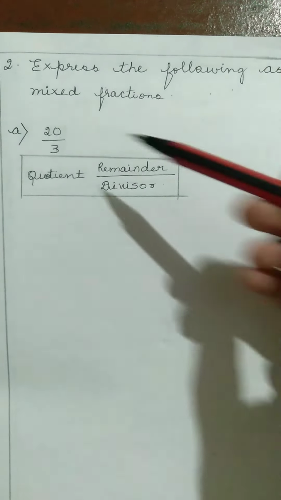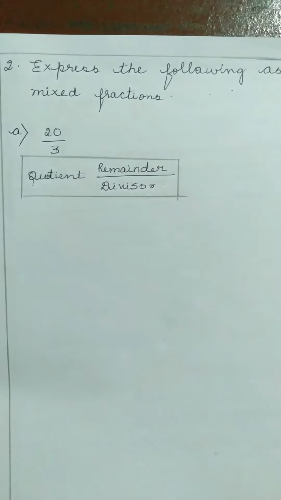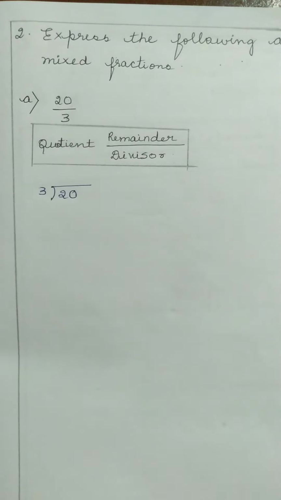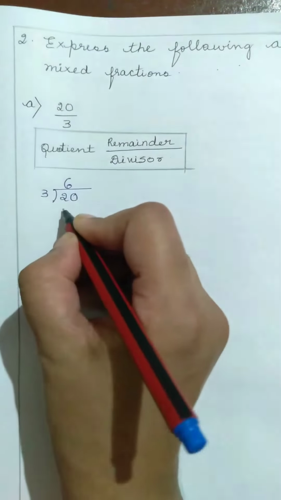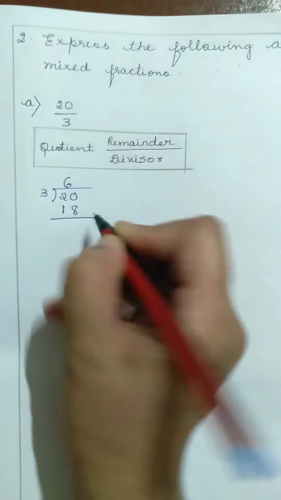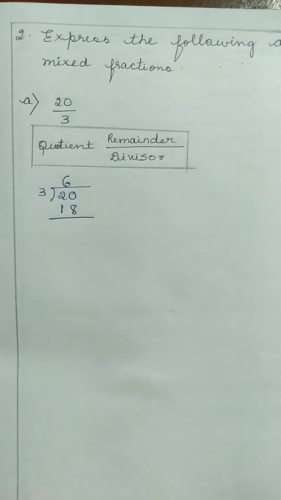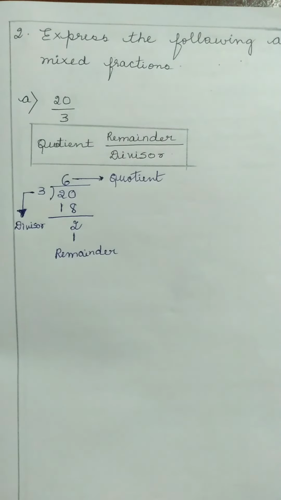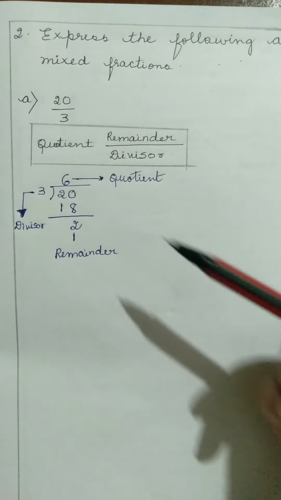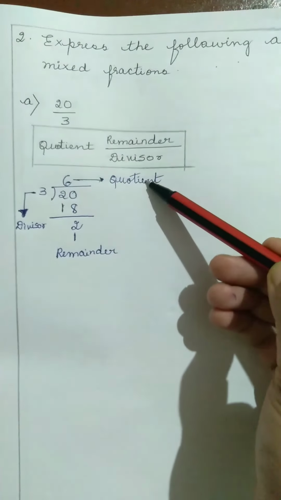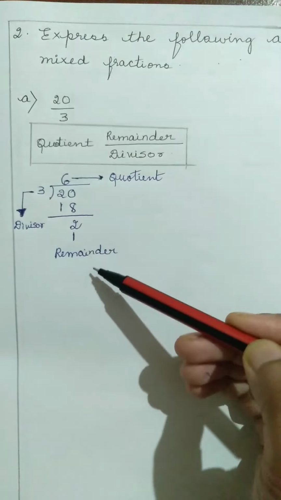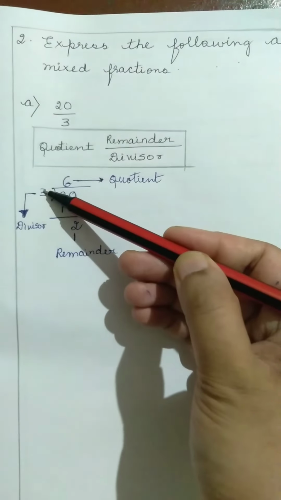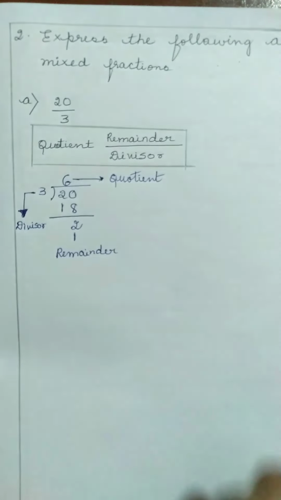The first question is 20 by 3. When we do the division, we know that 3 sixes are 18 and the remainder we obtain will be equal to 2. In this, we know that 6 is the quotient, 2 is the remainder, and 3 is the divisor.